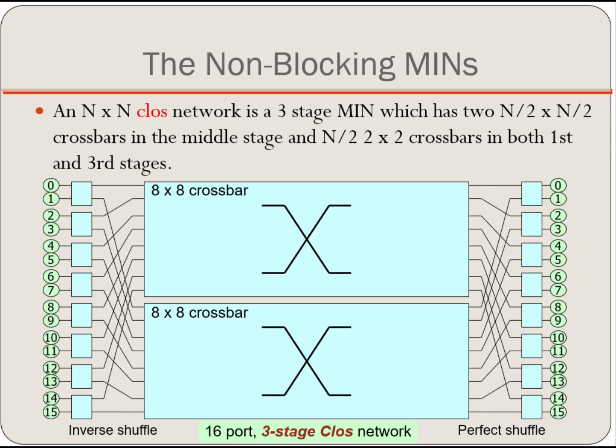And so you have 16 traffic flows, and as long as they all target different destinations, then you can always find a routing strategy such that these 16 messages can be delivered without any conflict.